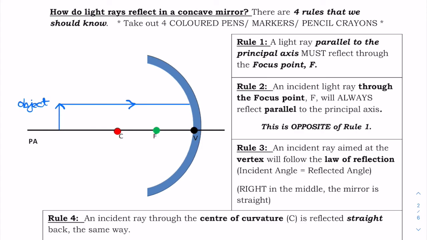So here's the reflected ray. And that's going to be our rule number 1. All right, so please color code it to help you understand the different rules.